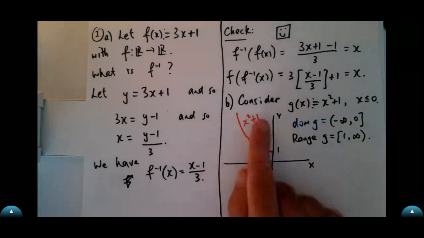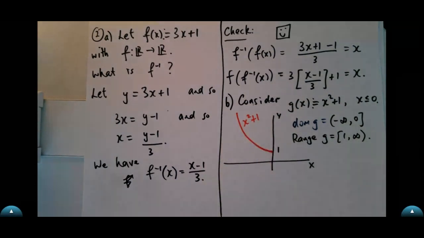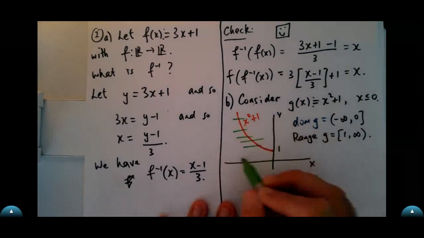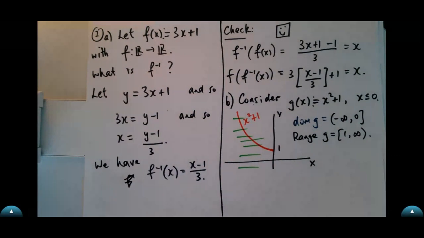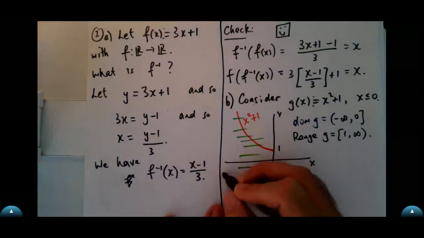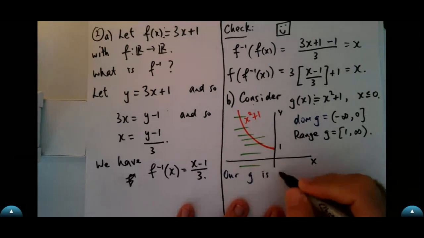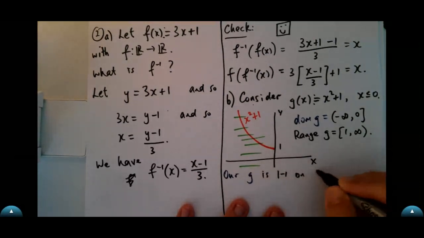Okay, now this is clearly a one-to-one function, right? Because if I draw any horizontal line, it's going to touch the graph at most once. That's a quick test to see whether you've got a one-to-one function or not. Okay, so our G is one-to-one on this interval here.